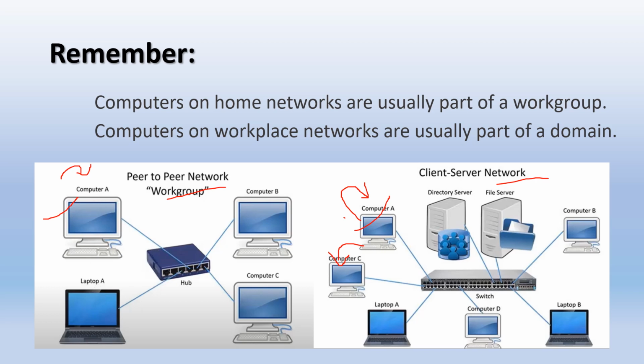Your data is already available. It is retrieved from the directory server, from the centralized database, whatever information you saved or were working on. This is the advantage of a domain over a workgroup: it has high security, while the workgroup has less security.